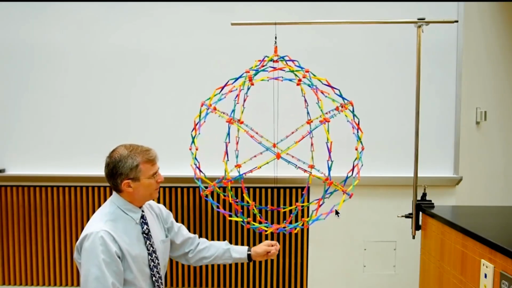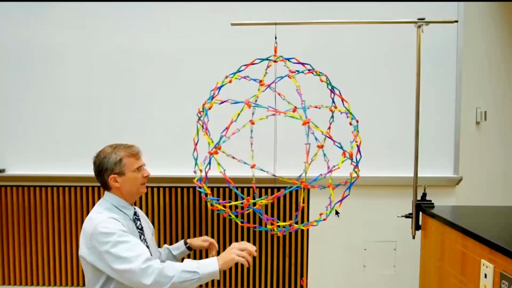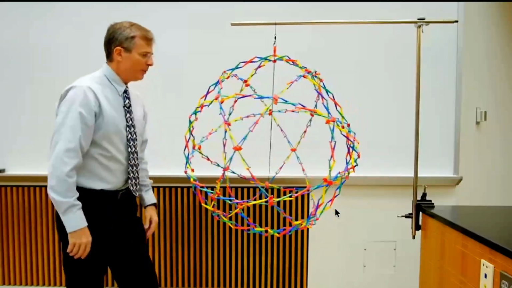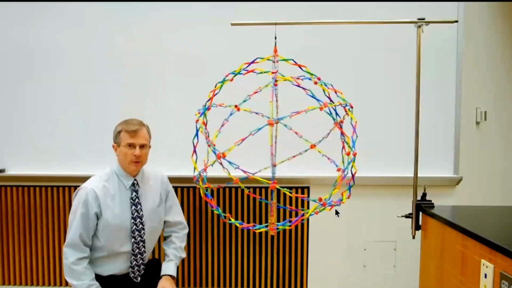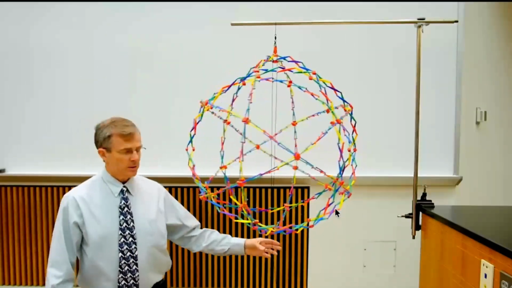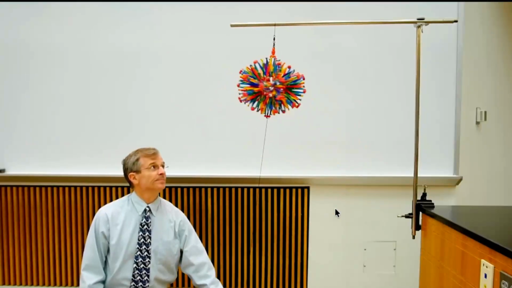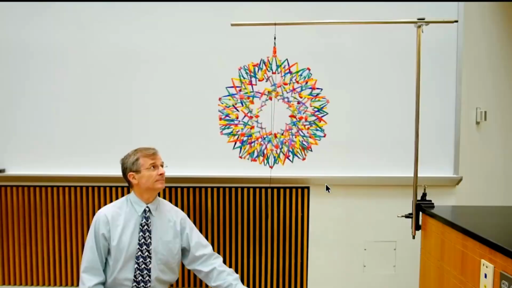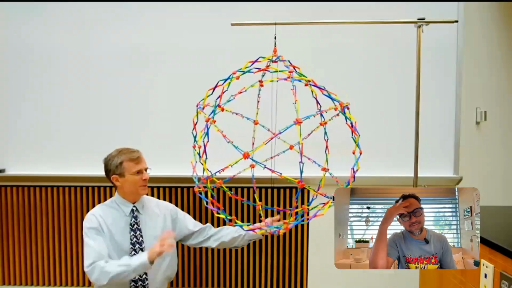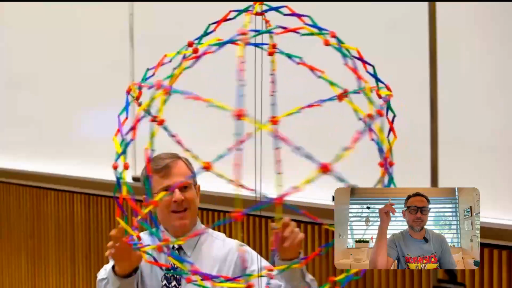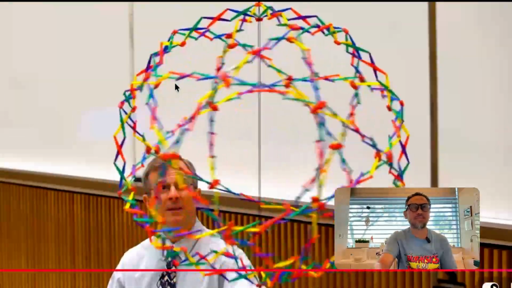So what we can expect is that if we give it some angular momentum in the expanded, high moment of inertia configuration, and then we contract it, its angular speed should increase. And sure enough, it's one of the most spectacular demonstrations, I think, of conservation of angular momentum.